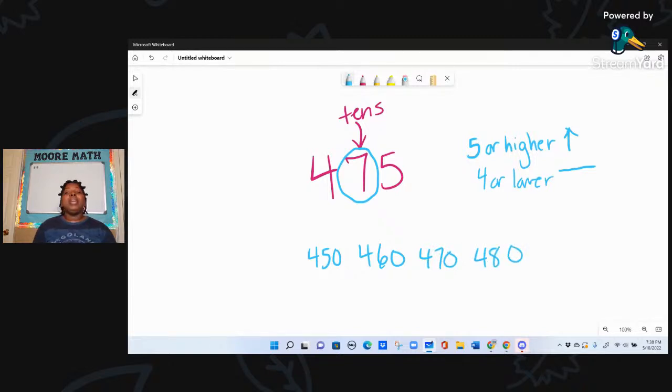So we can see that 475 is in between 470 and 480. And so again, we go to the right and we look at this 5. It is 5 or higher. So that means we're going to round that 7 up to 480.